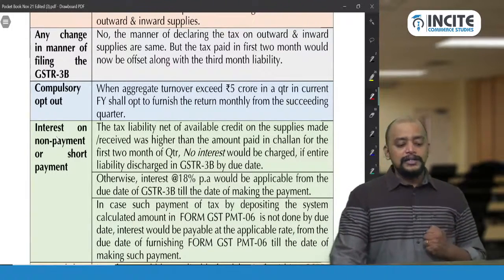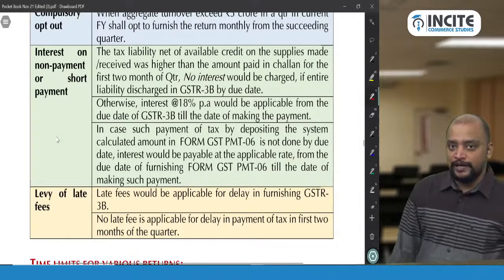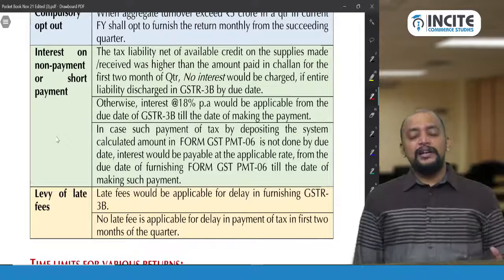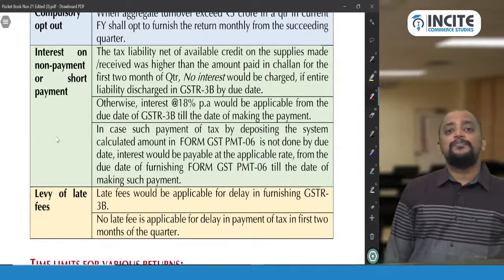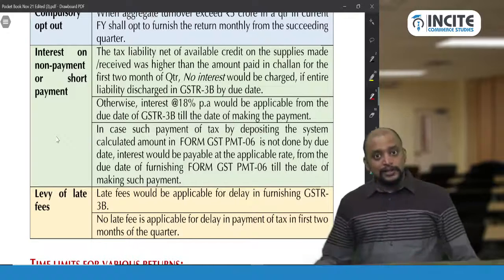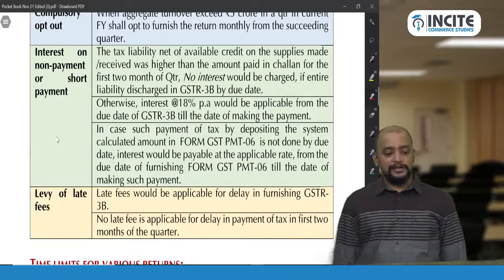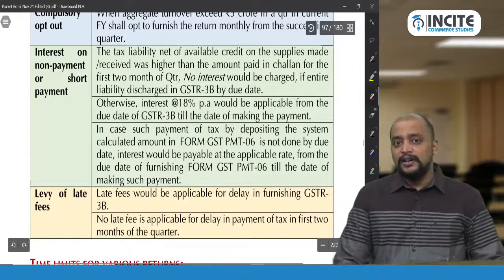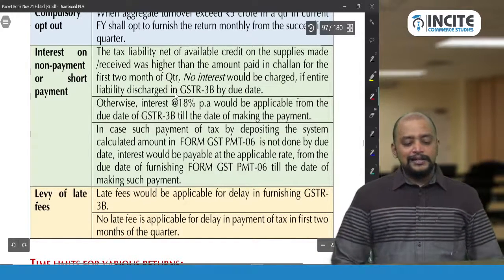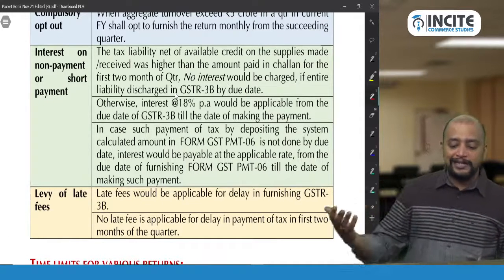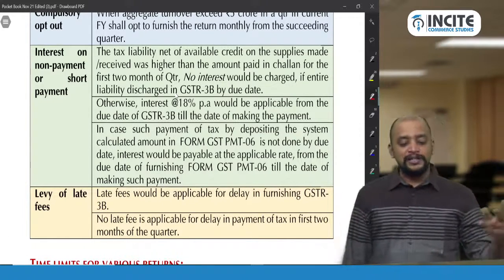Then interest on non-payment or short payment. I told you, in case of the fixed sum method, if you are not paying the total tax by the GSTR 3B due date of 22nd or 24th, then only you need to pay the interest. The tax liability net of available credit on the supplies made or received was higher than the amount paid in the challan for the first 2 months in the quarter.